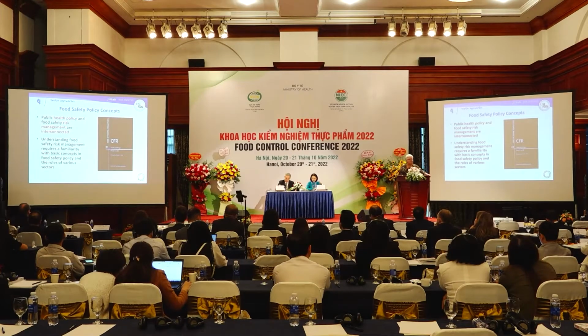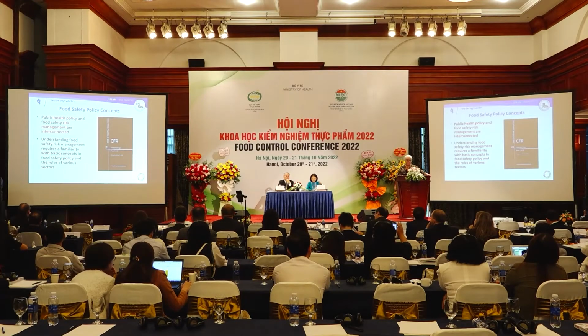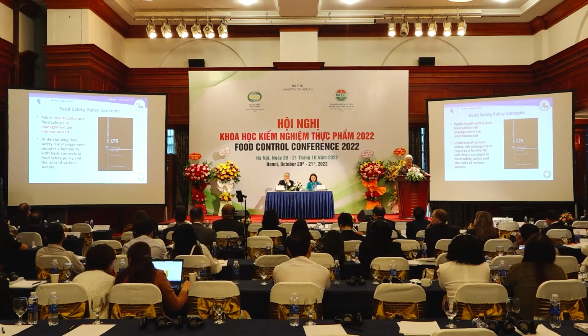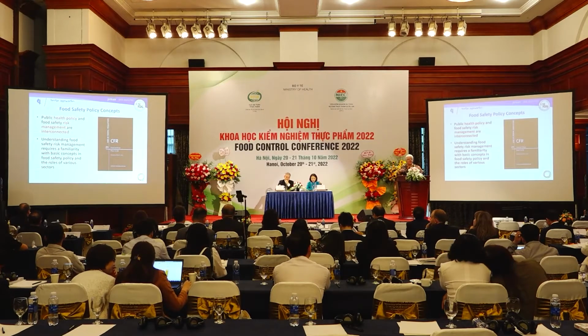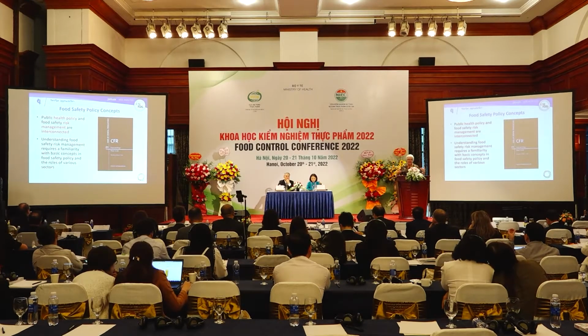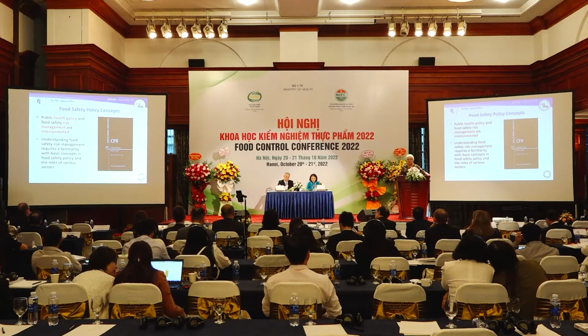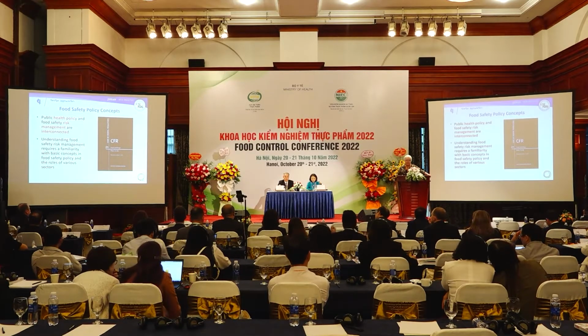Many countries have different policies for how they're going to try to reduce risk. And when they look at public health policy and food safety risk, how they manage it is really interconnected. You can't manage a risk by itself without working with what's required in the country by their regulatory structure. And understanding these roles of risk management becomes our basic concept in terms of how we try to manage risks.